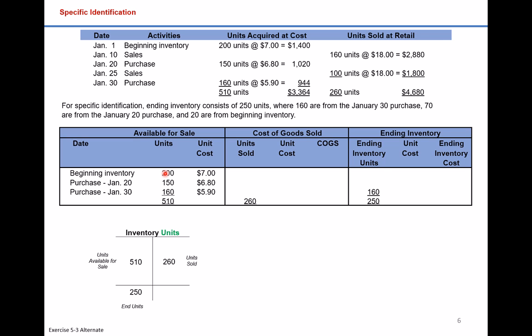So we know that all 160 are left, the 70 are left from the January the 20th purchase, and the 20 are left from the beginning inventory. So to figure out how many units were sold out of each layer of inventory, we'll simply take the 200 they had minus the 20 that were left, and we know that they must have sold 180 units from their beginning inventory.